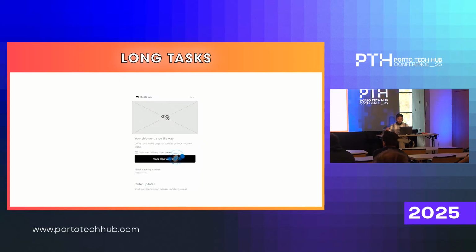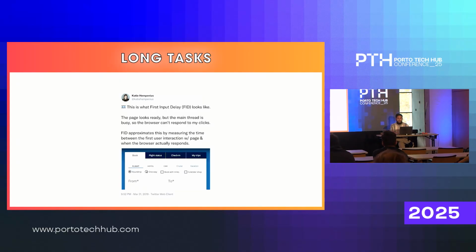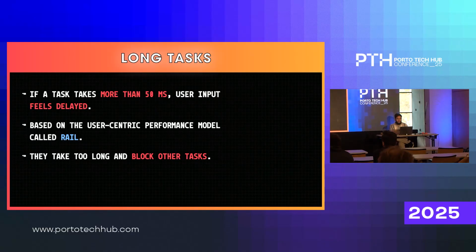This is like when we keep clicking the elevator button. It exists to a point that we even came up with metrics for that, for example First Input Delay, which used to be a Web Vitals recommendation. It was then replaced by INP, but First Input Delay was measuring this kind of thing. It's super common that this happens because long tasks are blocking interaction.